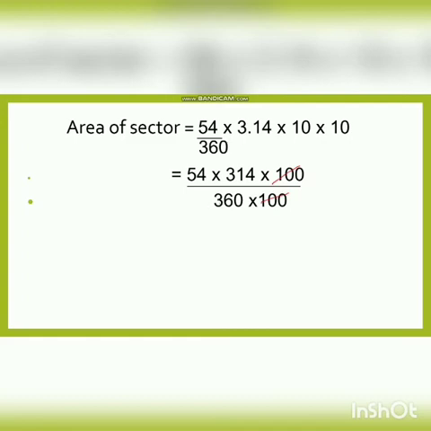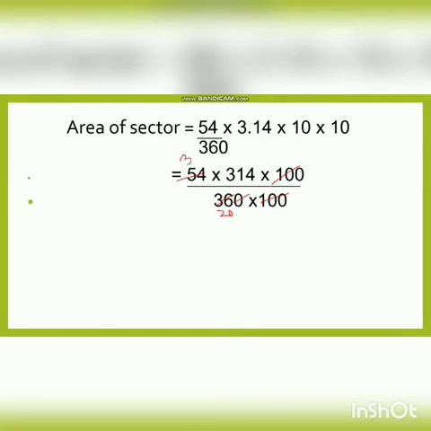Then divide 54 and 360 by 18. So 18 twos are 36, here it's 2 and 0 as it is. You can write here 0. And 18 threes are 54. You can write here 3.